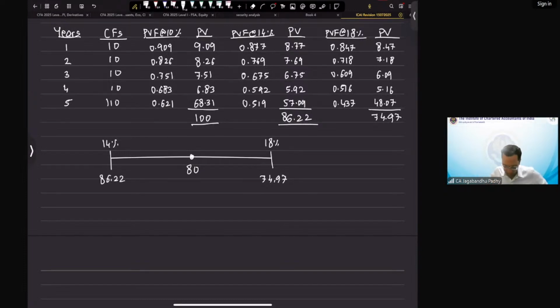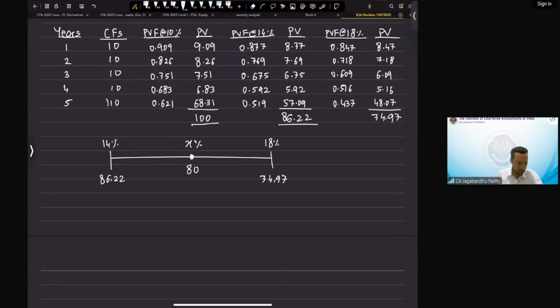Right, so 14% and 18%, which is 86.22 and 74.97. We want that particular rate over here, which is X%, between 86.22 and 74.97.